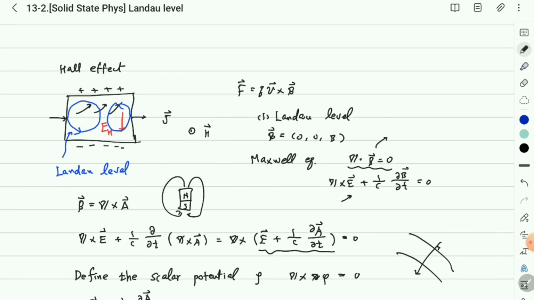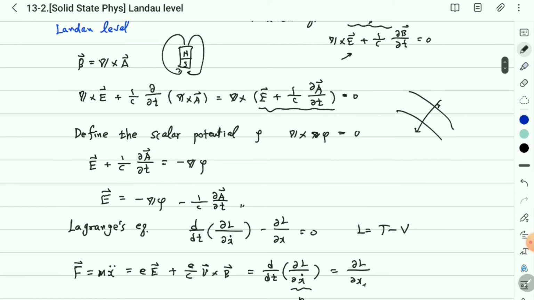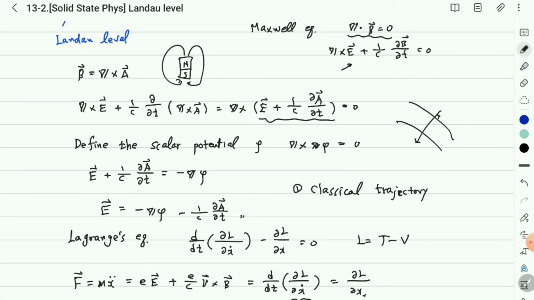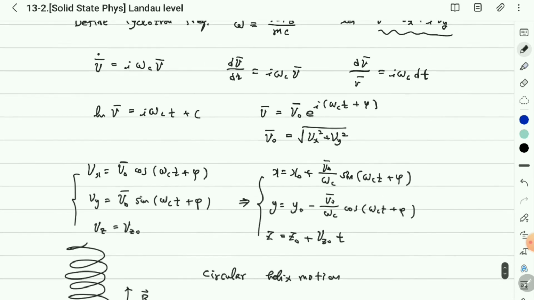The first one is the classical trajectory, and the second one is the quantum mechanical.